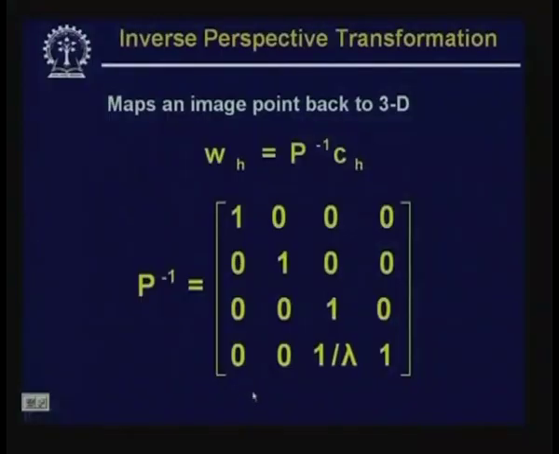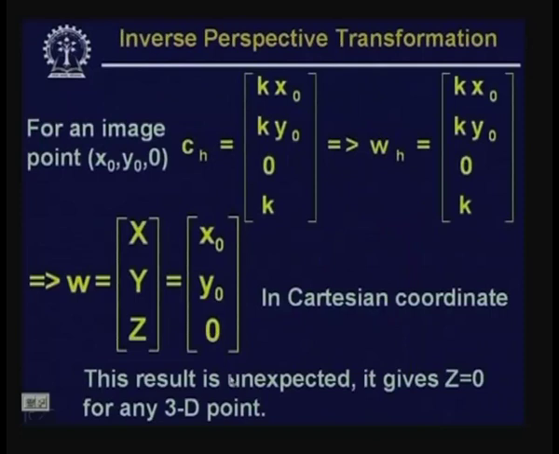And you can easily verify that this transformation matrix is really an inverse of the perspective transformation matrix P, because if we multiply the perspective transformation matrix by this matrix P inverse, what we get is really a unitary matrix.